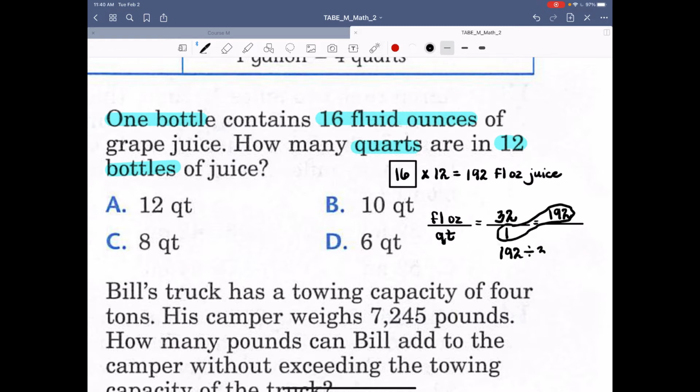Don't skip that step, guys, because it won't always be a 1. Don't allow yourself to take that shortcut, or it'll get you. And then divide that by 32 to get 6 quarts. So it's the same amount of juice. 192 fluid ounces is 6 quarts of grape juice.